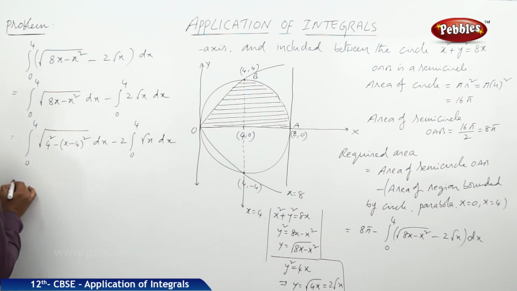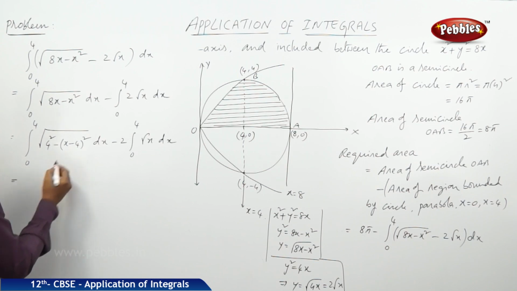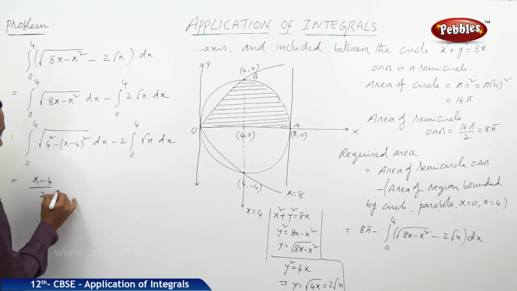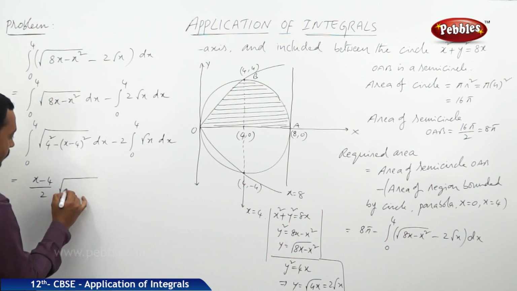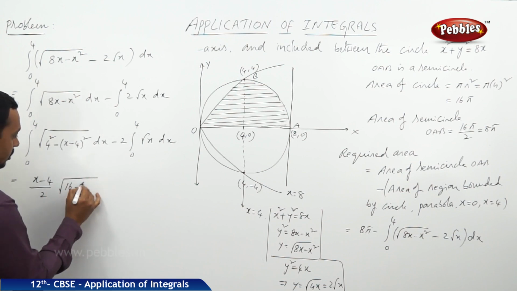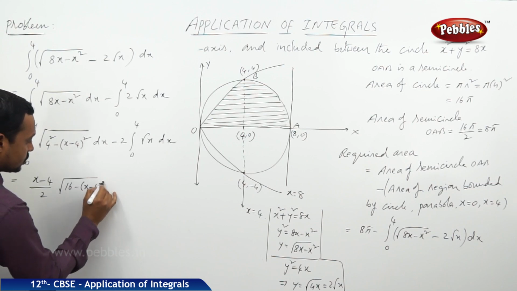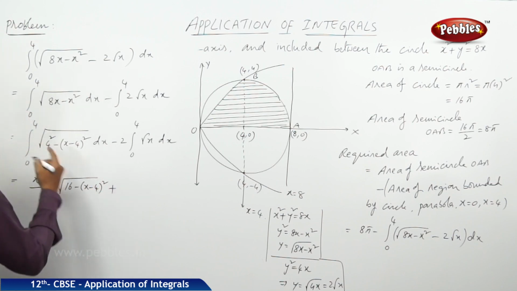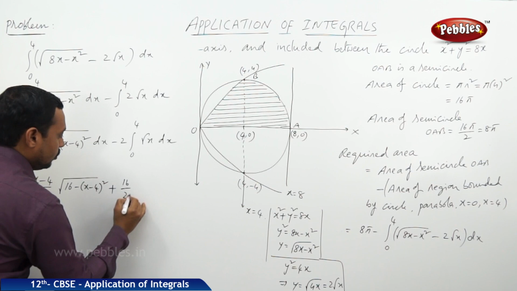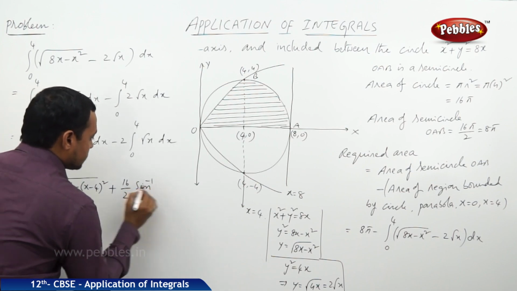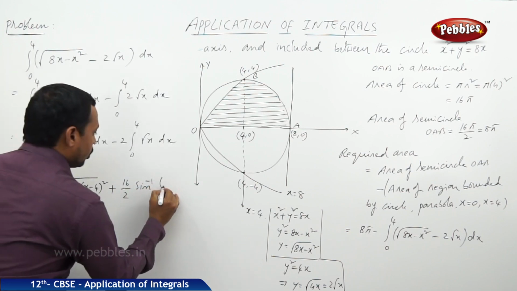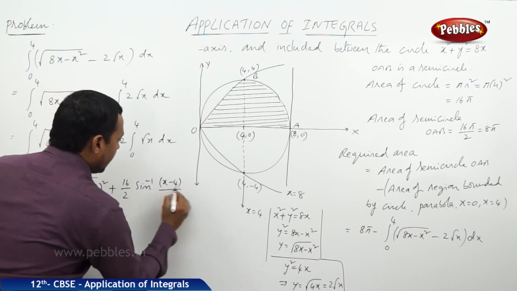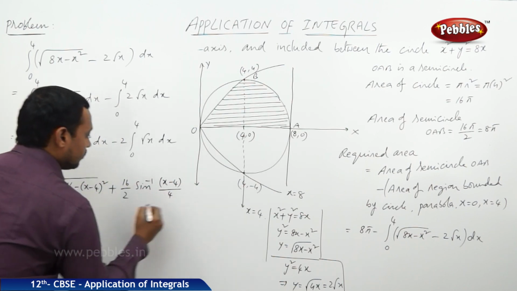Now using that formula, x is equal to x minus 4 here, by 2 into root of 4 square, of course 16, minus x minus 4 whole square, plus 16 by 2 into sin inverse of x minus 4 by a, where a is equal to 4 here.